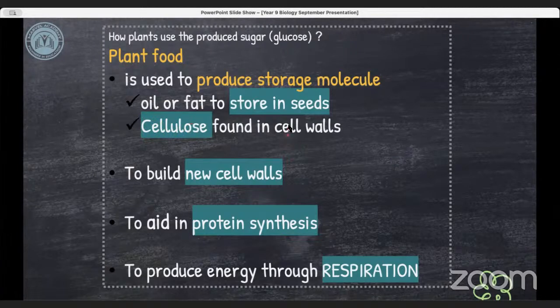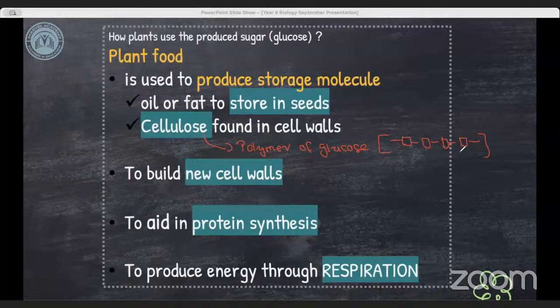This cellulose is a long chain of glucose molecules. So it is a polymer, children, a polymer of glucose. Polymer means it is a long chain this way of glucose units. These boxes are the glucose units, like this long chain.